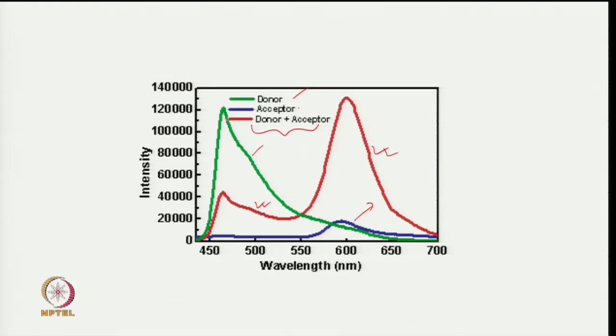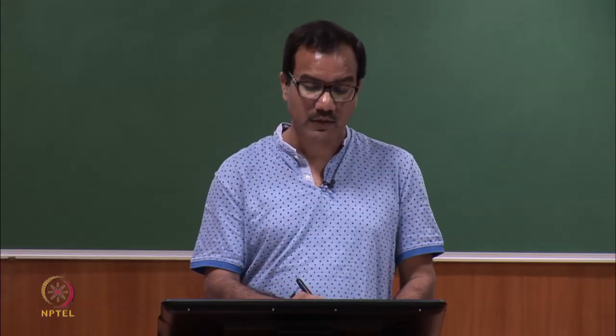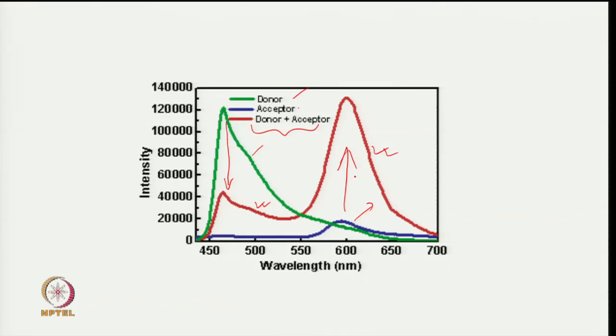What you see is that there is a quenching of donor emission and there is an increase in acceptor emission if the acceptor is a fluorophore, but the acceptor may not be a fluorophore. In that case, you can simply see the quenching.